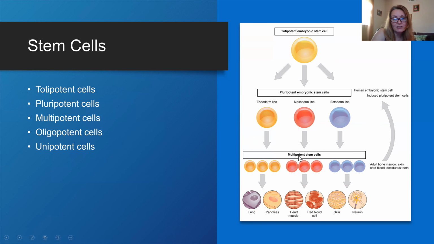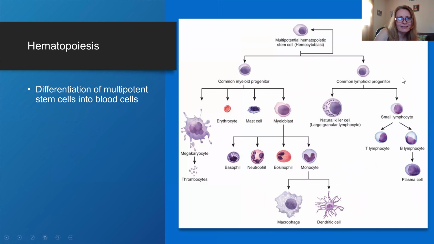They are multipotent stem cells. And they can still differentiate into a good number of different cells. So I think this diagram will explain it a little bit better.